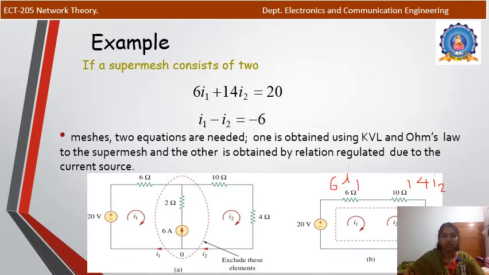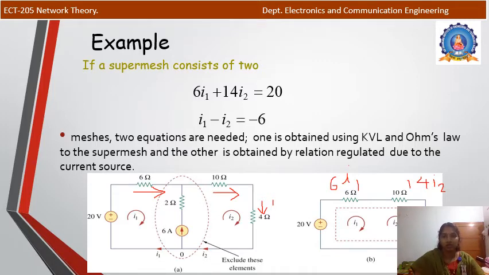Okay. So here there is a 20 ohm resistor. When we are excluding this portion, the remaining elements are this 20 volt voltage source, 6 ohm resistor, 10 ohm resistor and 4 ohm resistor. Through the 6 ohm resistor, the current is I1. And through the 10 ohm resistor, the current is I2, and through 4 ohm it is again I2. That is why we take the equivalent resistance as 14 ohm.